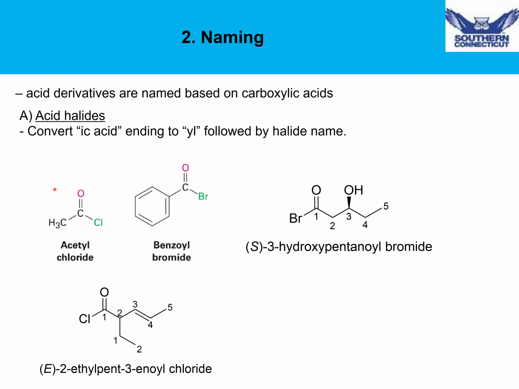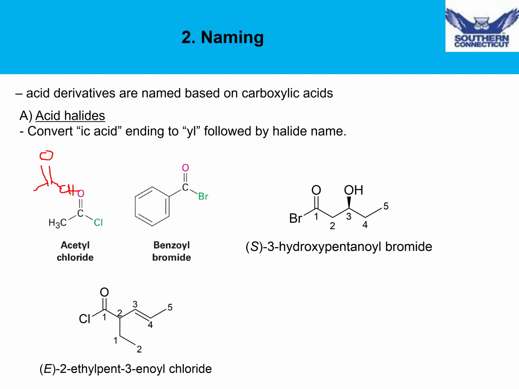As an example, here we have acetyl chloride. This compound is named from the carboxylic acid that it came from. That carboxylic acid would be acetic acid, which has this structure. It has a carboxylic acid and a methyl group here.